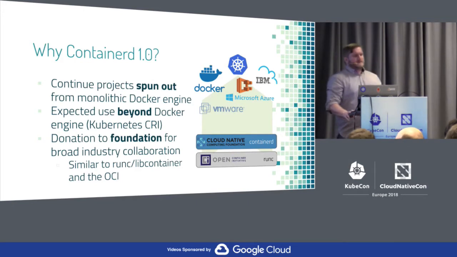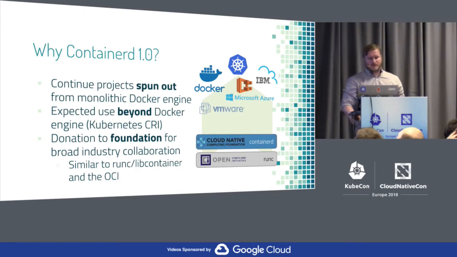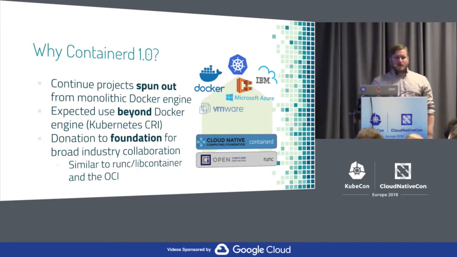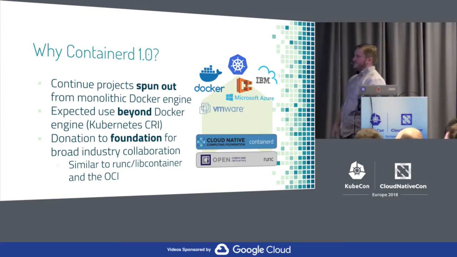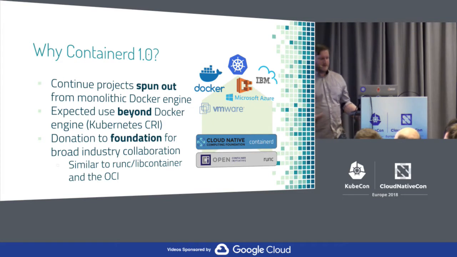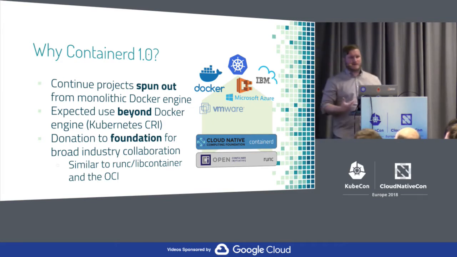So why did we do this? Why another container runtime? The main issue was Docker, roughly in 2016. The Docker engine was really becoming a monolith, and we wanted to spin things out of there so we could make different components useful without having to stand up the entire Docker engine.